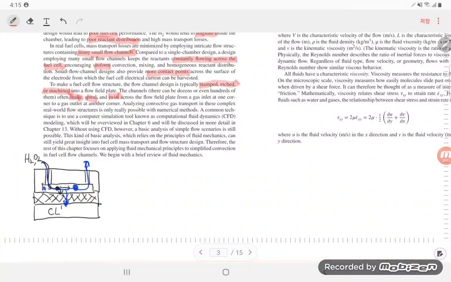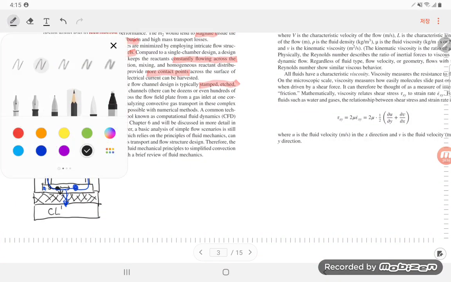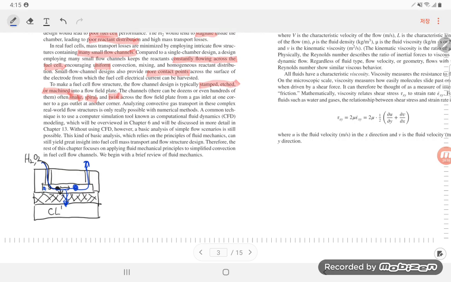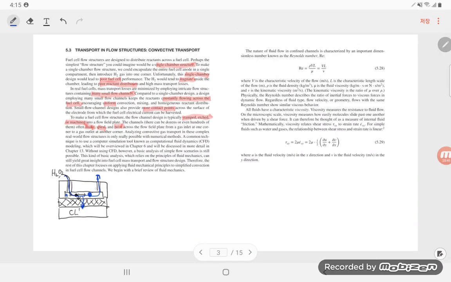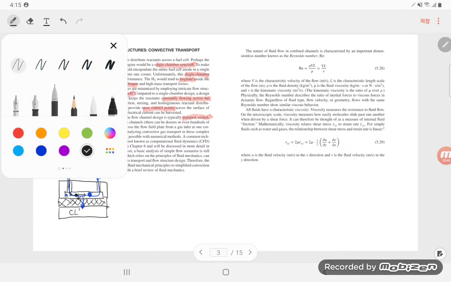Analyzing convective gas transport, okay. We will learn about the types of flow channel, but here, this is the bipolar plate.